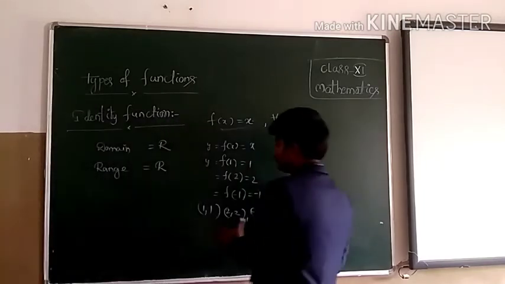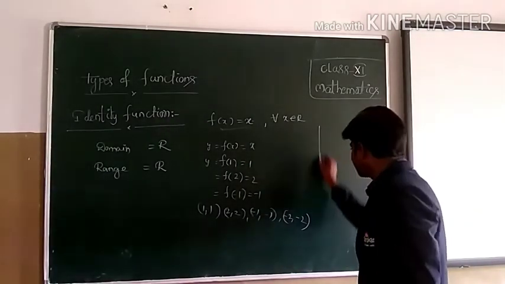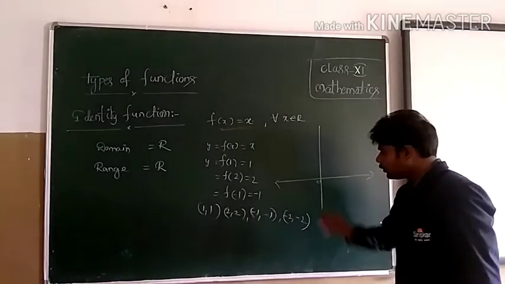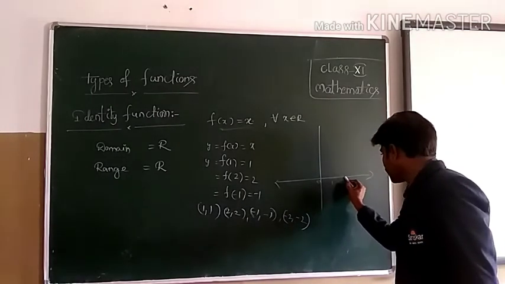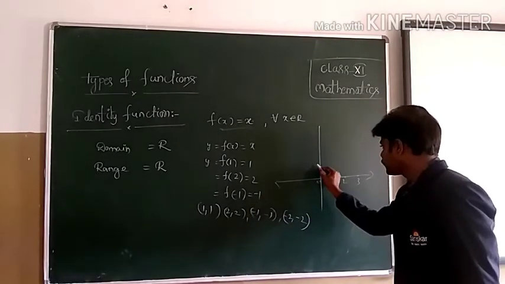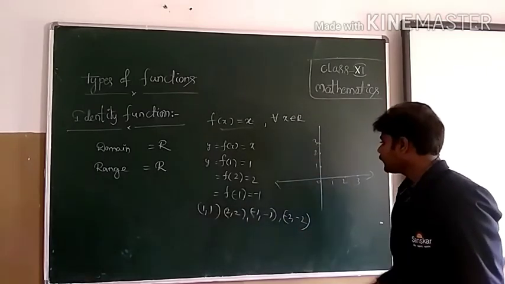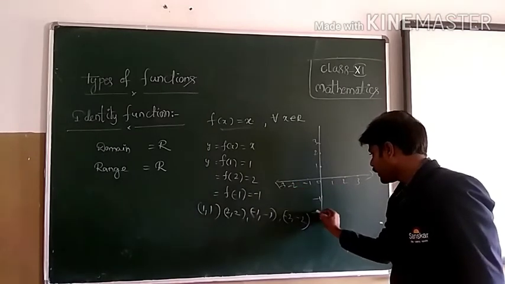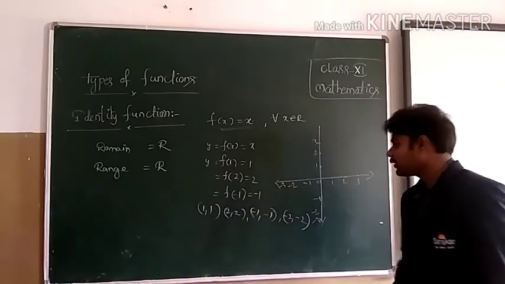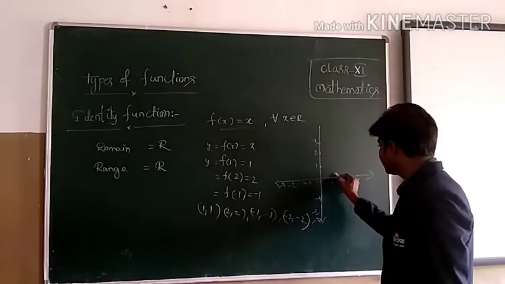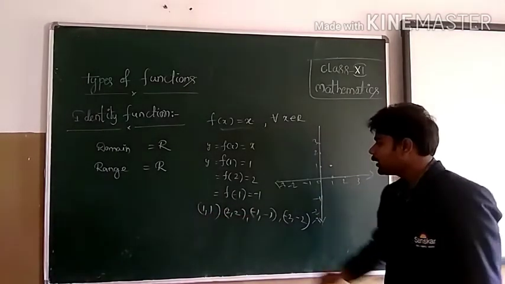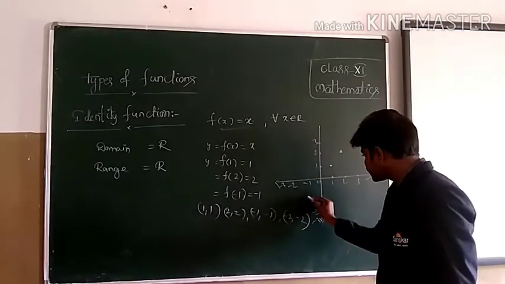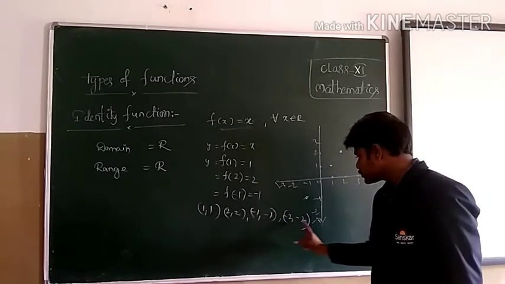If you draw a graph with these ordered pairs, let's see how we get it. This is the origin, this is 1, 2 and 3 on both axes, and minus 1, minus 2, minus 3 likewise. The first point is 1, 1, both positive. Then 2 and 2, then minus 1 comma minus 1, and minus 2 comma minus 2.